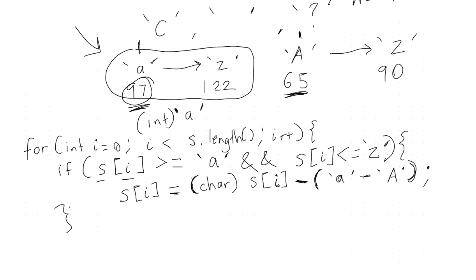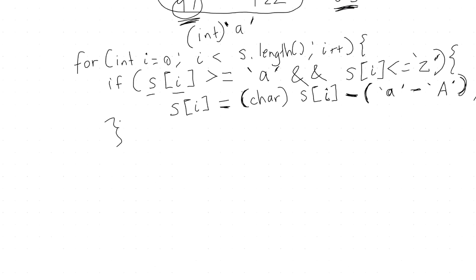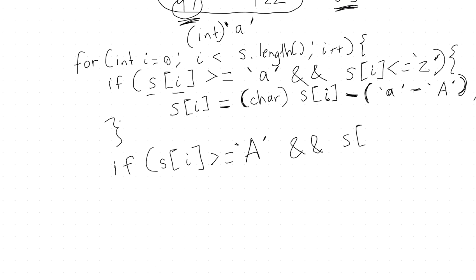Alternatively, now you want to check if SI is in the uppercase range. So you can do the same thing, which is now you're using uppercase A instead and uppercase Z instead.